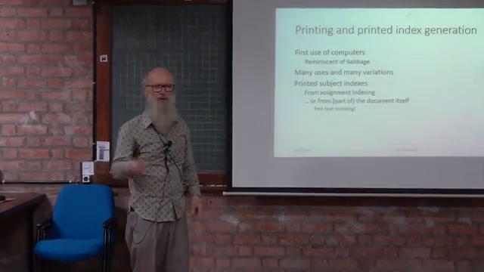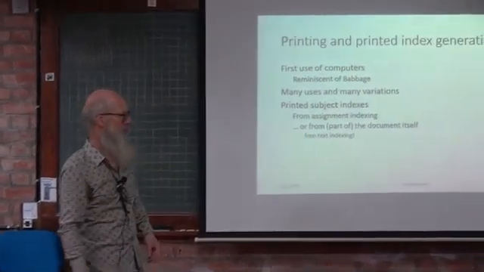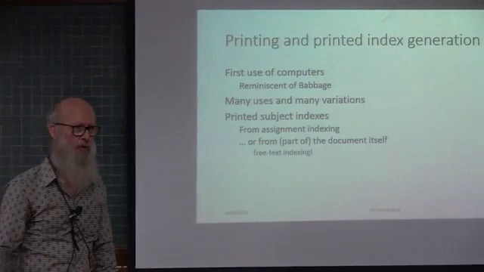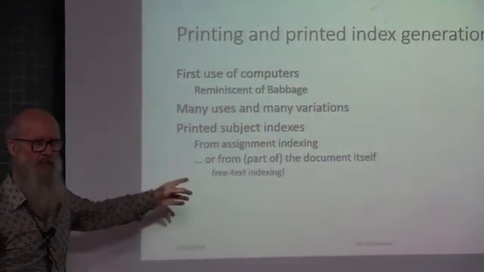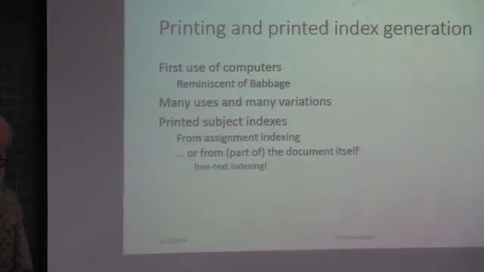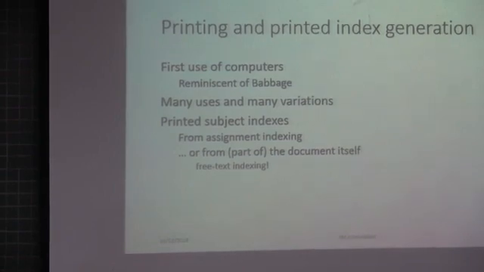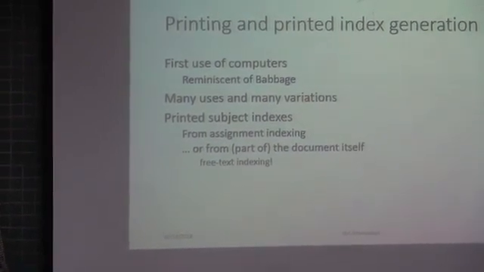But the revolutionary idea emerged in the 1950s, due in part to an IBM man called Pete Loon, of taking part of the document itself, the text of the document, and generating an index from that. So Loon actually generated indexes from the titles of scientific papers.